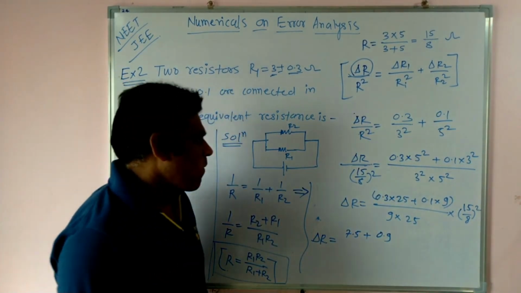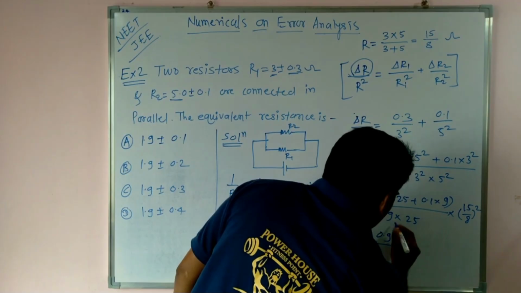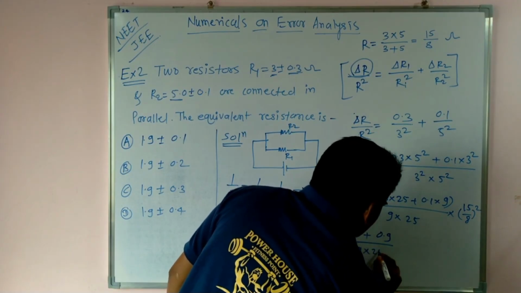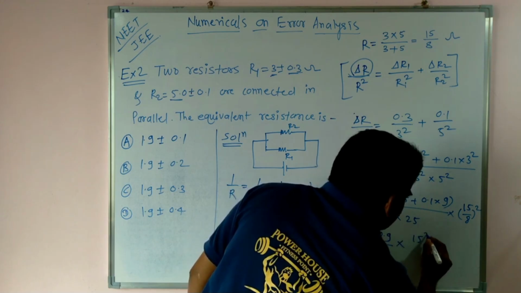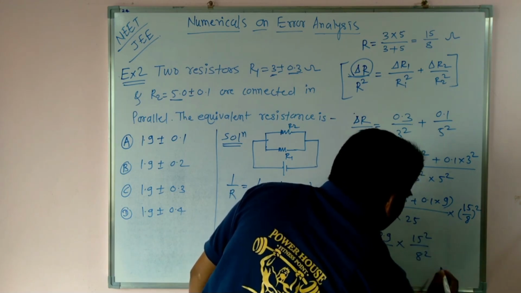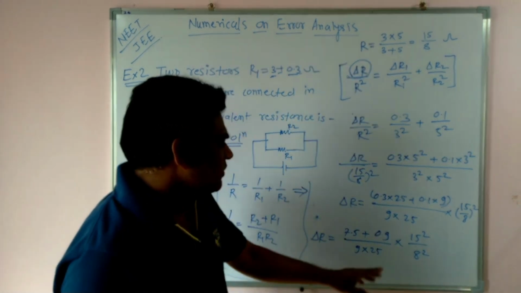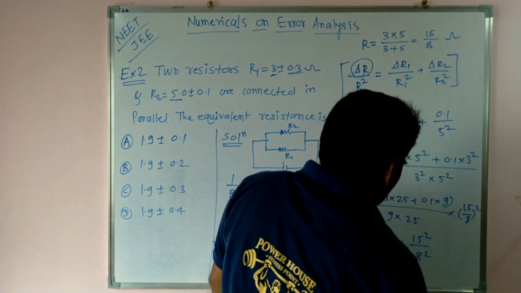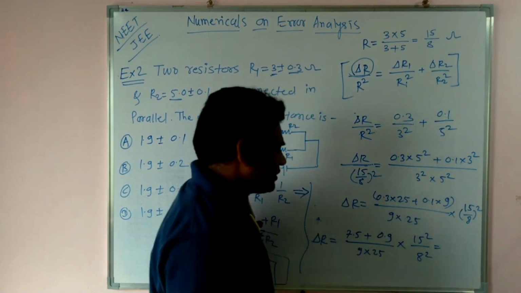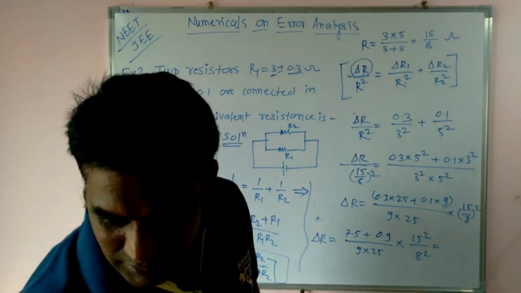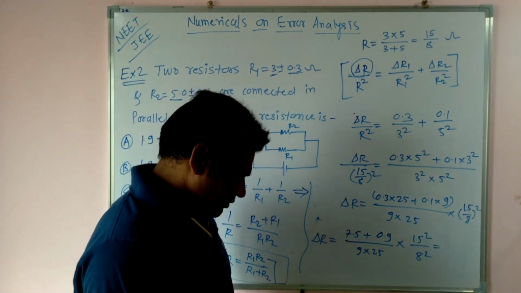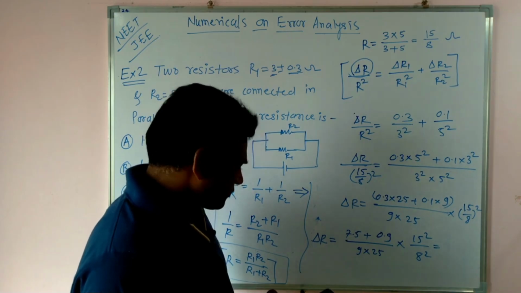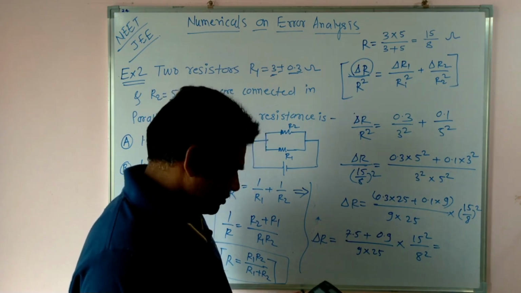Divided by this 9 into 25 into this 15 square divided by 8 square. So you can simplify this. So this we can solve, and finally what answer can you get? To make it fast I will use calculator. Actually calculators are not allowed.